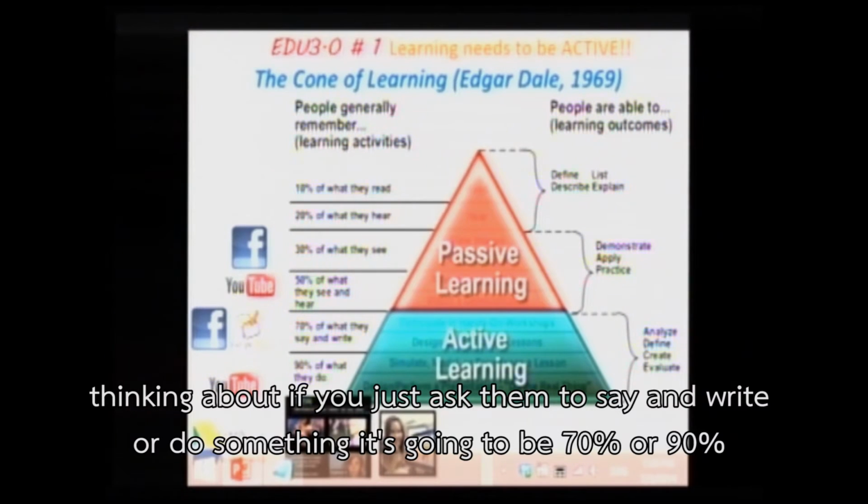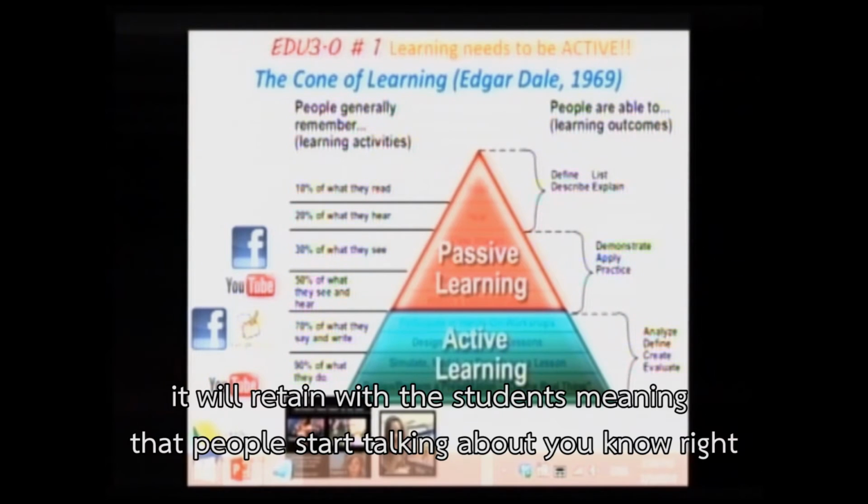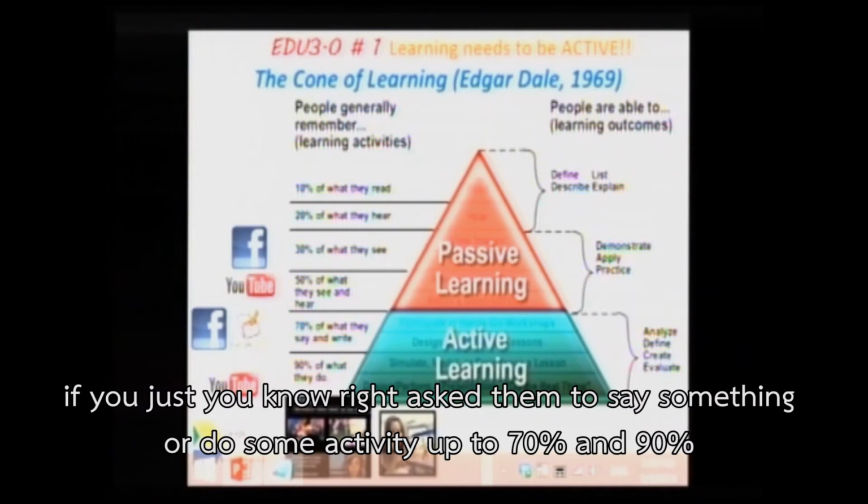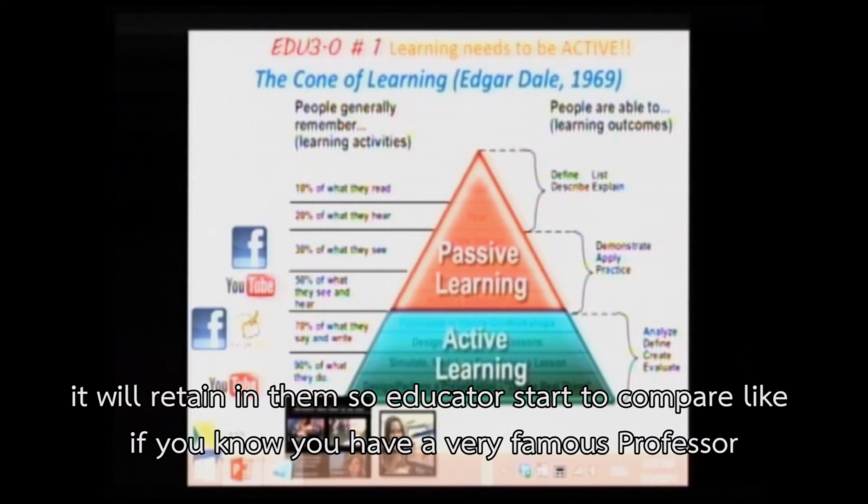Thinking about if you just ask them to say and write or do something, it's going to be 70 or 90%. It will be retained by the students. Meaning that people start talking about how, if you just ask them to say something or do some activity, up to 70% and 90% will be retained.